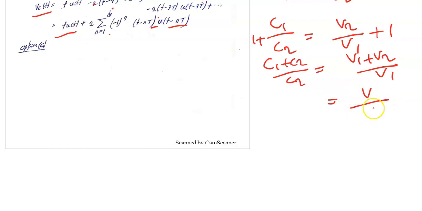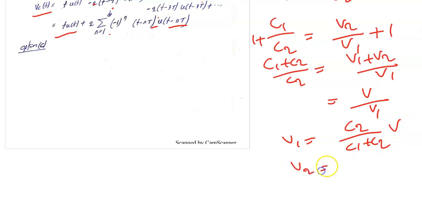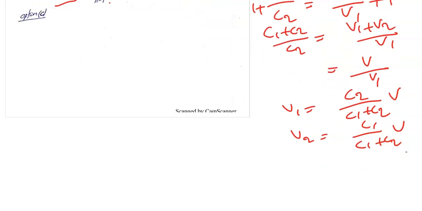It is V, the total voltage across both the capacitors. So now V1 equals C2 upon (C1 plus C2) into V. Similarly, V2 will be C1 upon (C1 plus C2) into V. Similarly, you can do it yourself.